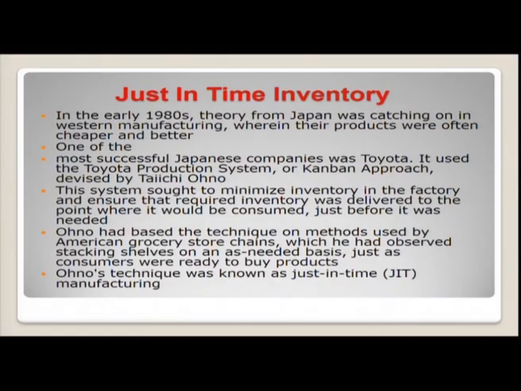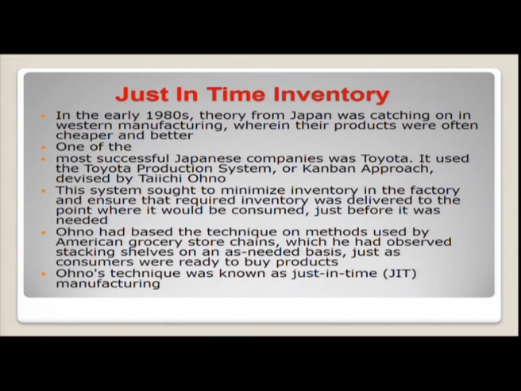Based on that, this theory came into existence in Japan in the early 1980s. Why did Japan look into the Western world? It is because the products manufactured in Japan were so cheap and the quality of the product was comparatively better. That is the reason Japan looked into the Western world for manufacturing.